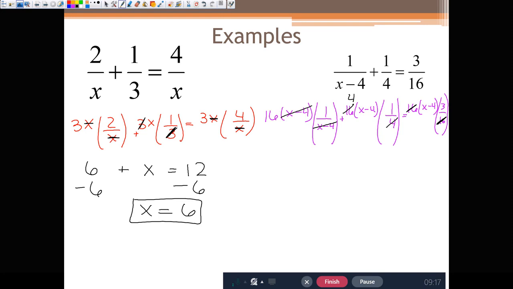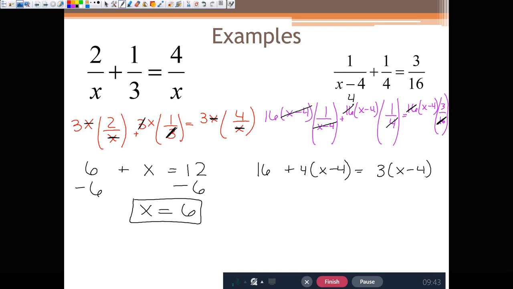Now, I can multiply 16 times 1 and get 16. I have 4 times 1, which is 4, but I still have this x minus 4. Okay, and then I have a 3 here, and I still have the x minus 4. So it's 3 times x minus 4. Okay?